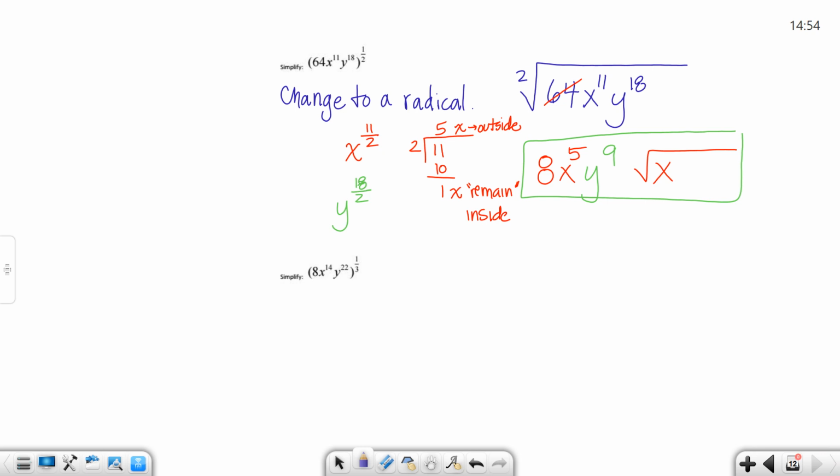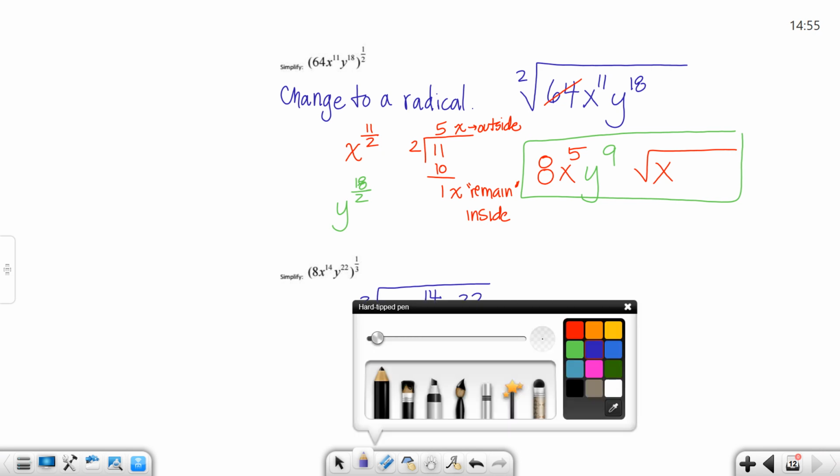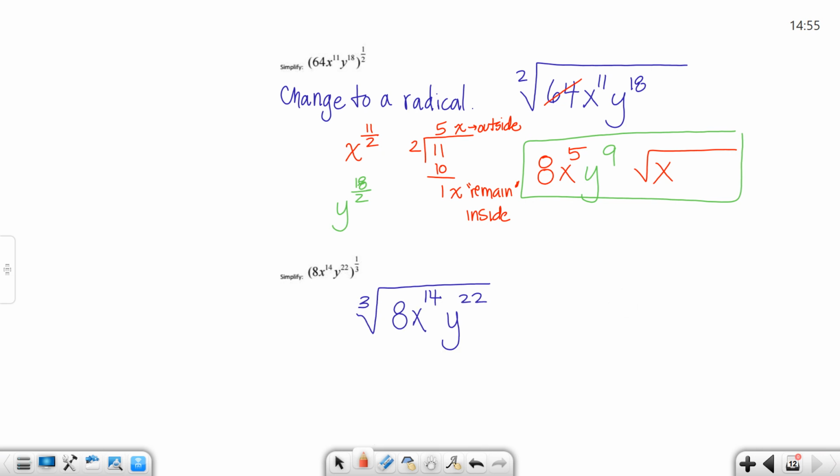So moving to the last one, we're going to turn this into a radical, and I'm going to say it's the cubed root of 8, x14, y22. Okay, first of all, the cubed root of 8 is 2, whole number 2. So we would start with a 2 there.